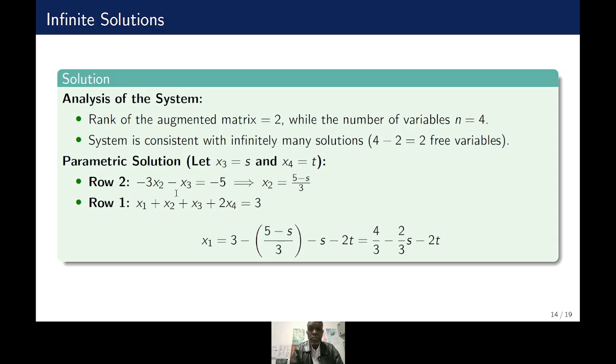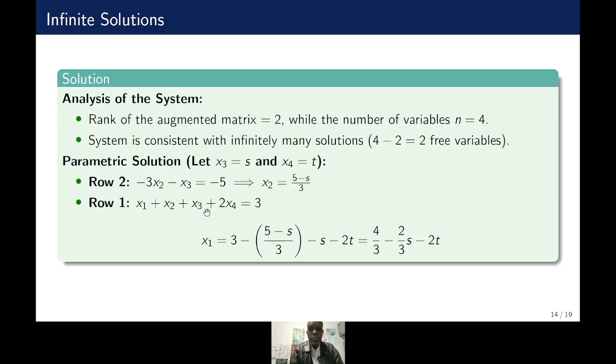We go to the second equation. The second equation is this one. It means you can obtain x2 in terms of x3. But x3 we have set to be s. So x2 is equal to (5 minus s) over 3. So that gives you x2. We go to the first equation. It is this equation.